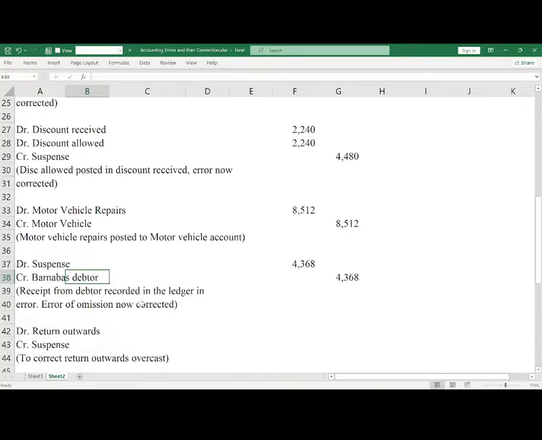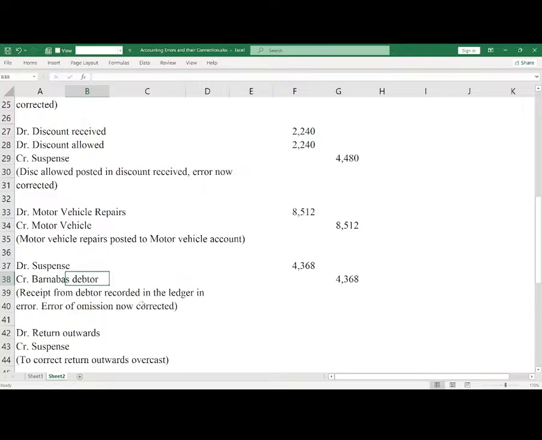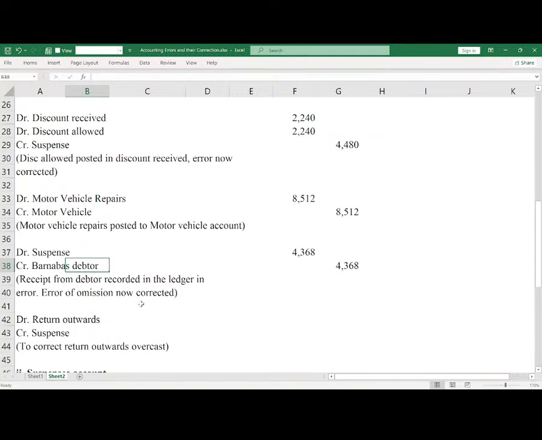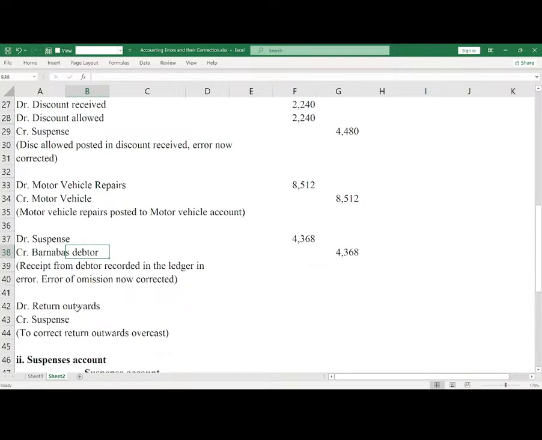Okay, then we have the last one. Return outwards had been overcast by 5,600,000. So here we are going to debit the return outwards. The return outwards had been overcasted by 5,600.